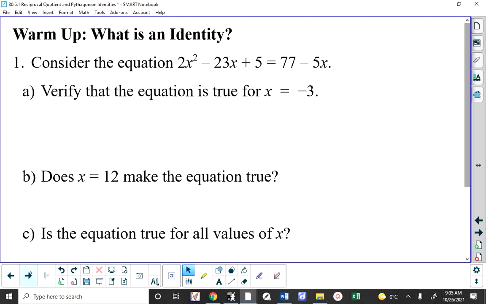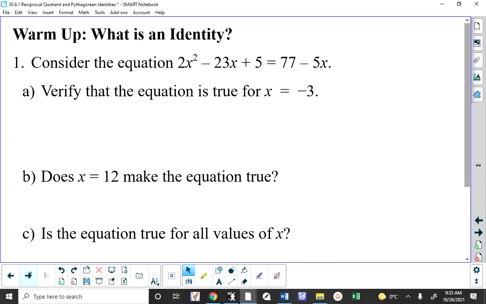We have an equation that I've given you, 2x squared minus 23x plus 5 equals 77 minus 5x. We're asked to verify that that equation is true for x equals negative 3. And what this means to verify is that you have to take the approach that you don't know if x equals negative 3 makes it true.